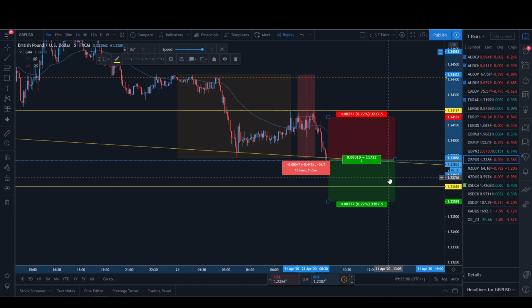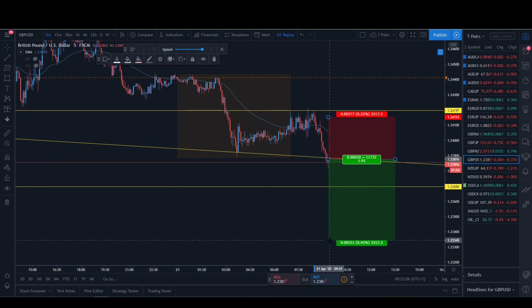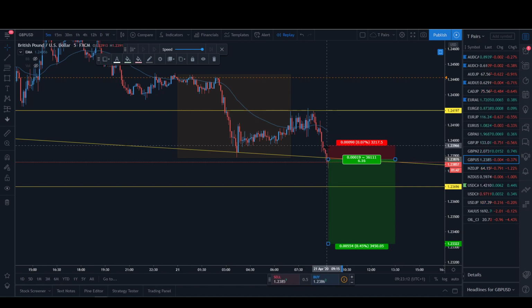So what we're doing is we're targeting 27, which means realistically we could target a 2-to-1, which is what I'll be doing. So I will look to take off half of my trade at 1-to-1, move my stop to break even at that point. Therefore I'll just be trading with essentially the house money, and then I will be looking to take it down to 2-to-1.